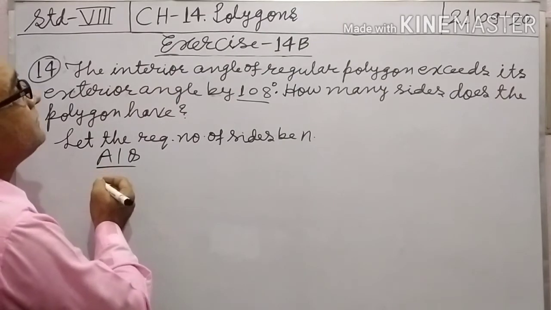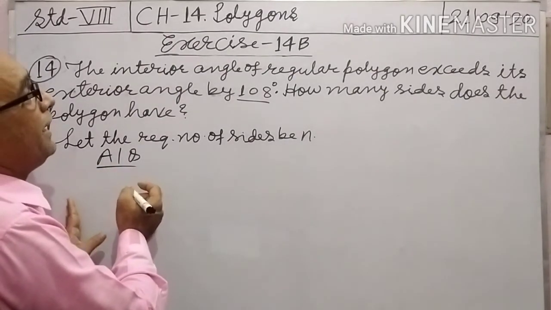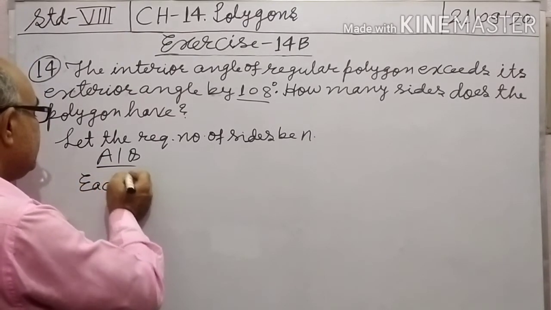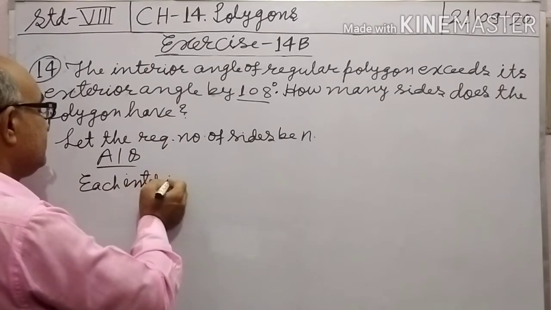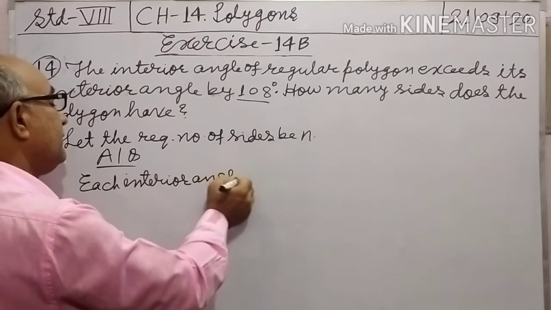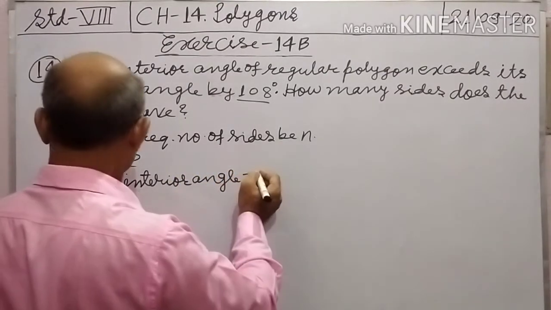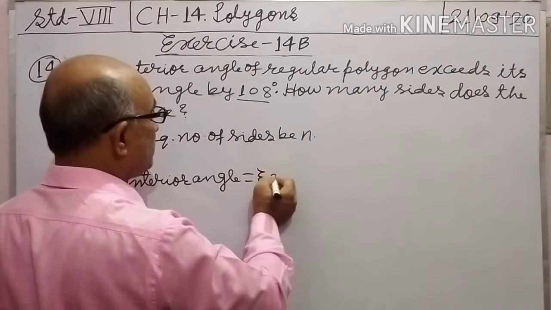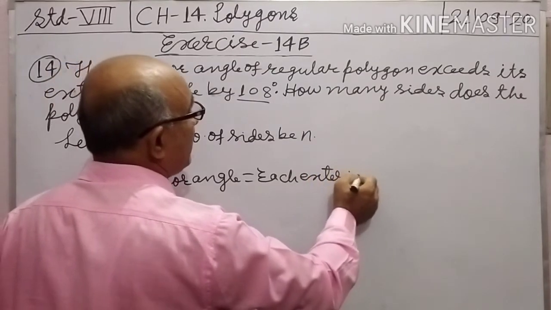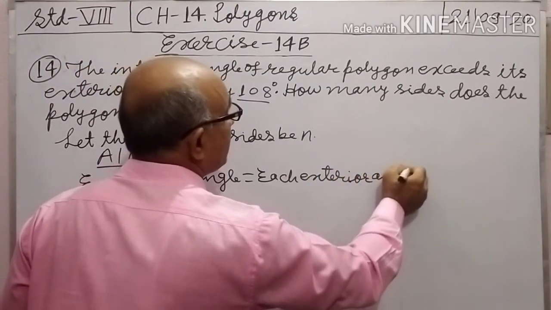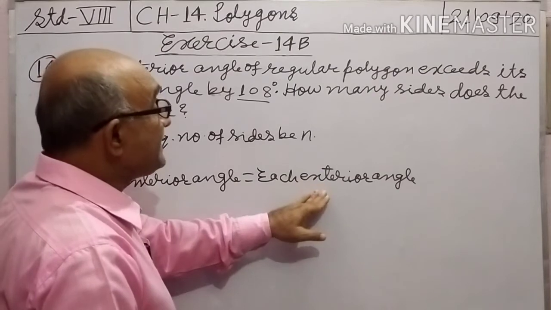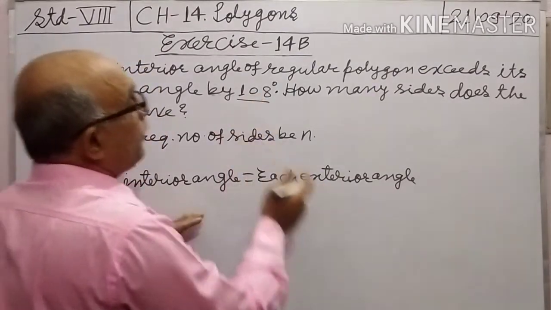According to question, interior angle of a regular polygon exceeds its exterior angle by 108.